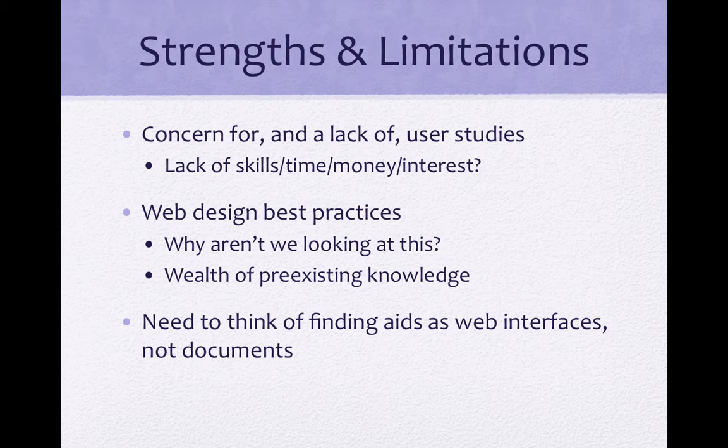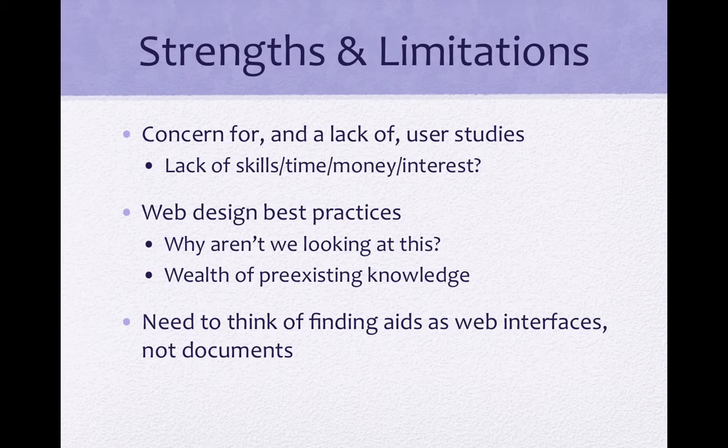The other thing that alarmed me personally was a lack of focus on web design best practices. It was mentioned in passing a couple times in some of the articles, and it was mentioned maybe specifically once, twice, but I personally don't understand why archives aren't looking at this more closely. There is a huge amount of pre-existing knowledge and research on web design, and it's already been done.